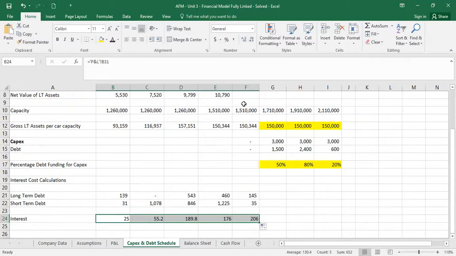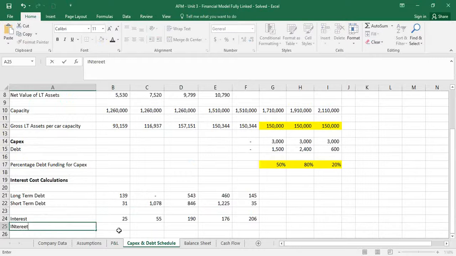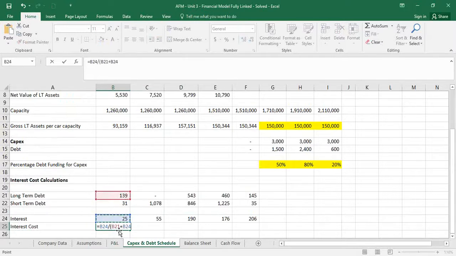Now we need to find out if it makes sense to figure out the interest cost for the company. How do I find the interest cost? That's my interest divided by my total long-term plus short-term debt.